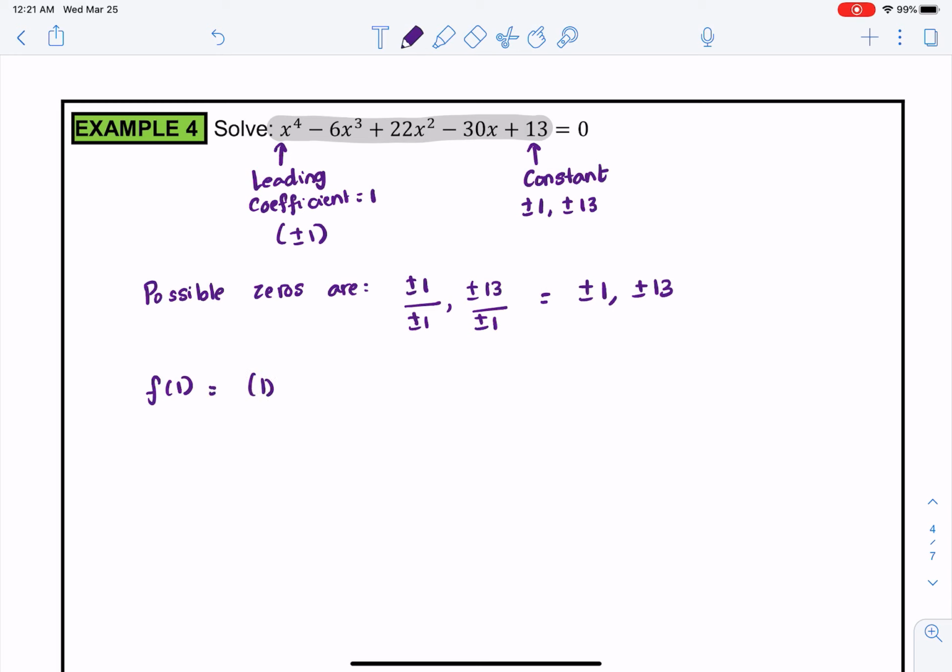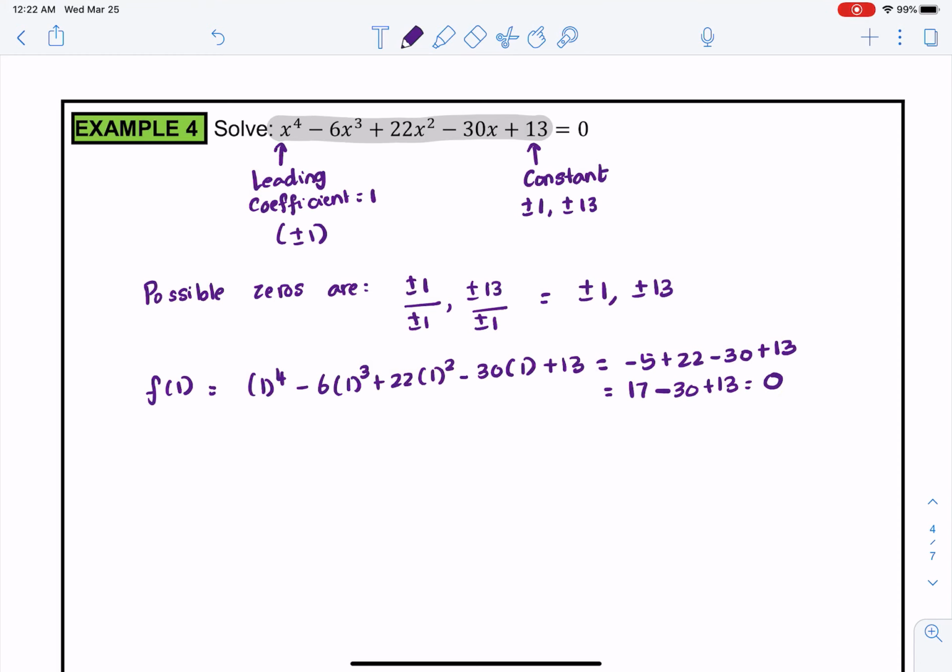It's 1 raised to the 4 minus 6 times 1 cubed plus 22 times 1 squared minus 30 times 1 plus 13, which is negative 5 plus 22 minus 30 and plus 13, 17 minus 30 plus 13, which is 0.